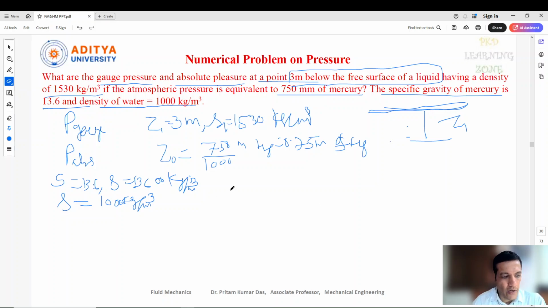Now here we first need to calculate the atmospheric pressure. P atmospheric is nothing but rho g h. Here in the place of h, I can write Z, which is Z0. Rho is the density of mercury, so that is 13,600 into 9.81 into Z naught, where Z naught is 0.75.